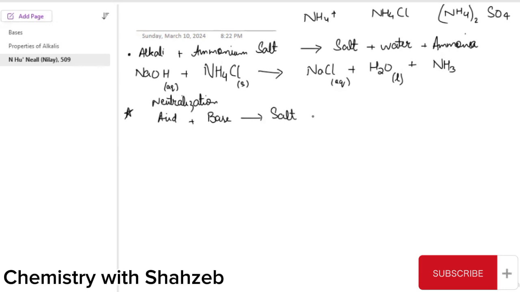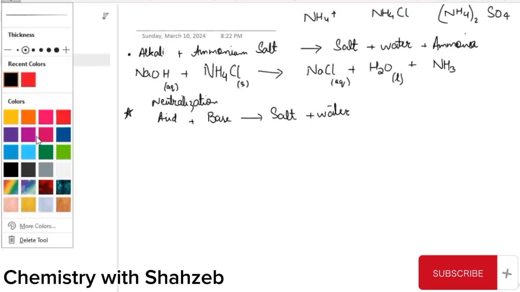So you can write this example if they ask you what you mean by neutralization reaction. You define it as: when an acid reacts with a base, they form salt and water.